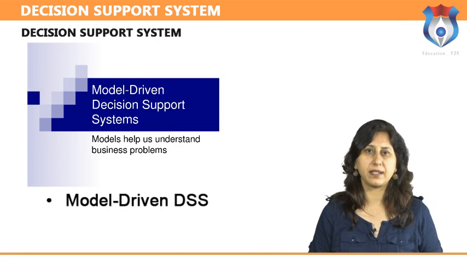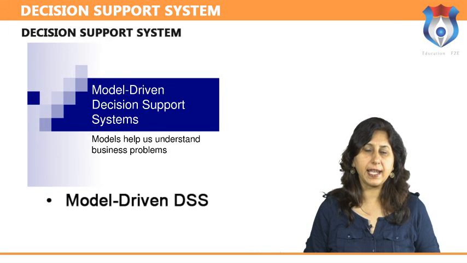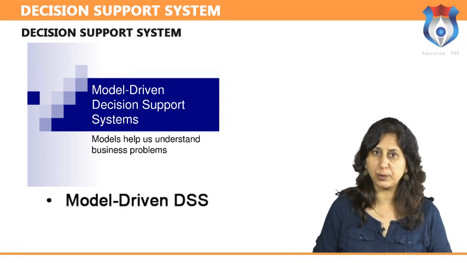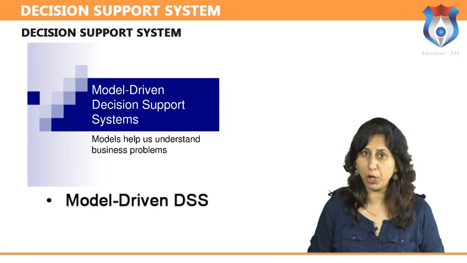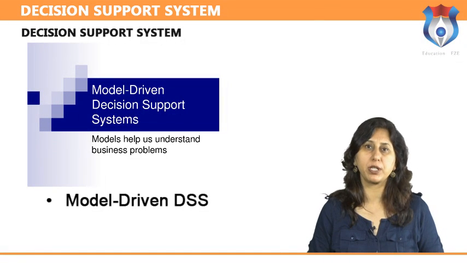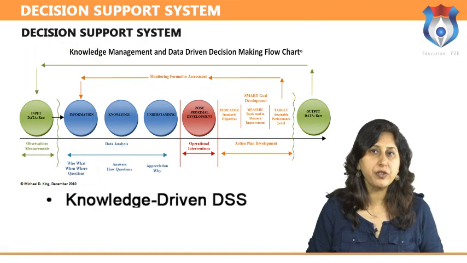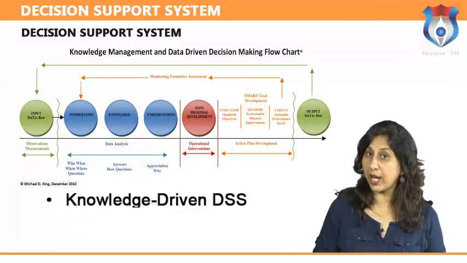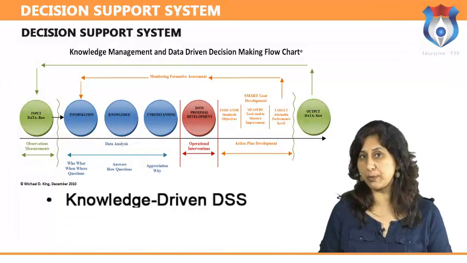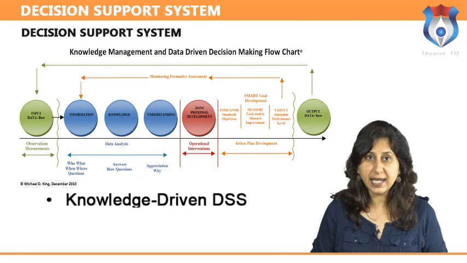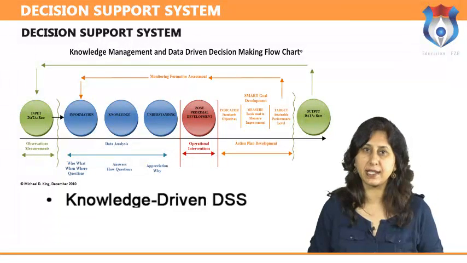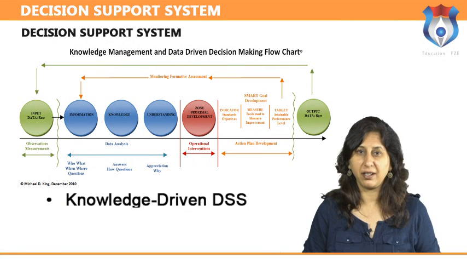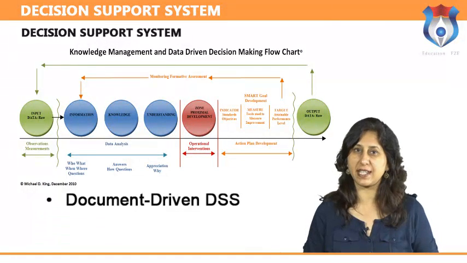Model-driven DSS. Model-driven DSS includes systems that use accounting and financial models, representational models, and optimization models. Knowledge-driven DSS. Knowledge-driven DSS can suggest or recommend actions to managers. These DSS are personal computer systems with specialized problem-solving expertise. Document-driven DSS.